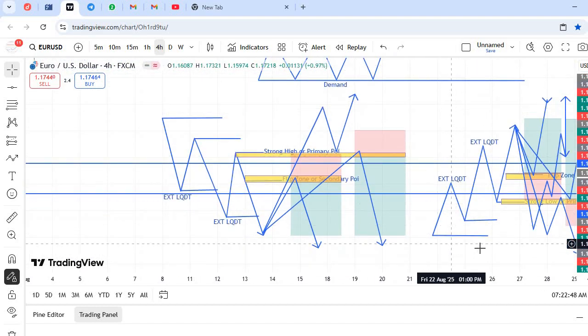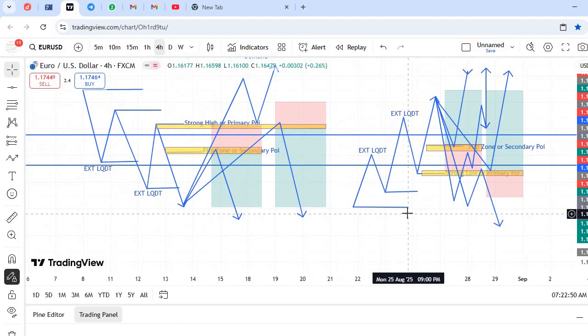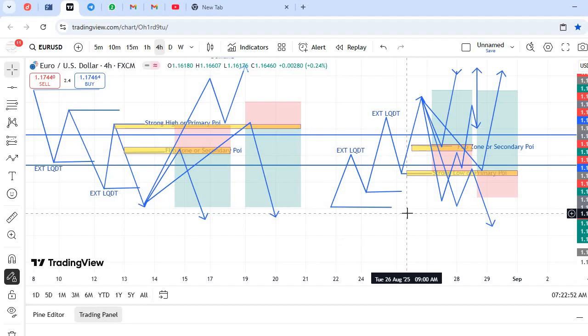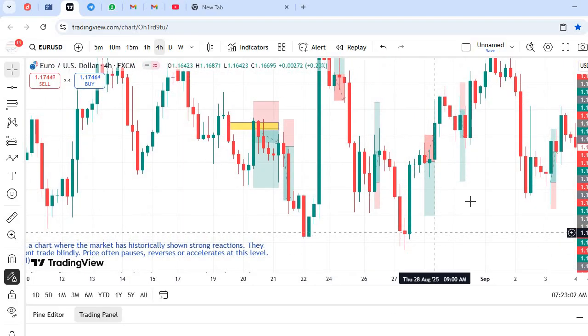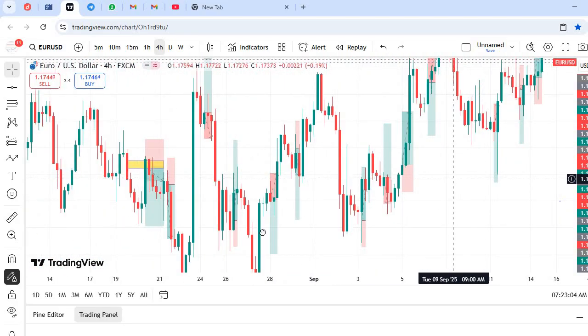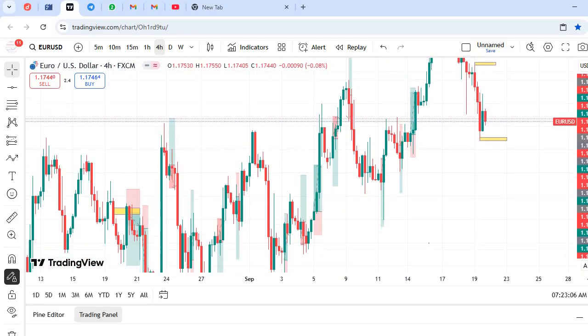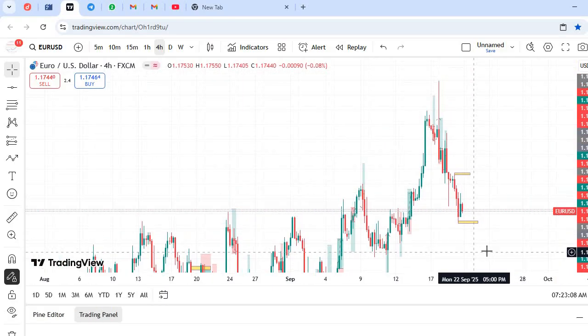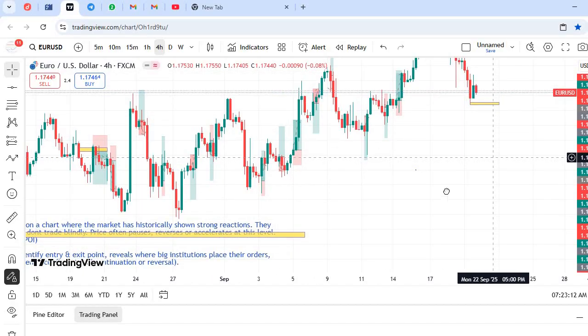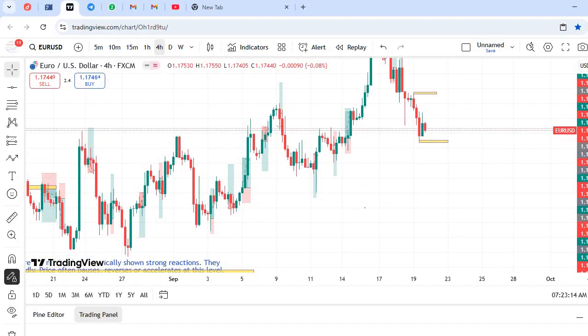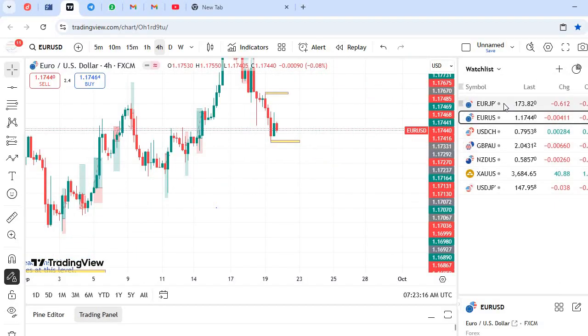You understand? Go back to your chart, go and backtest this thing I've taught you. Go and look at different examples of these things that we have done. Okay, this is on a 4-hour time frame. Let me look for one more example.